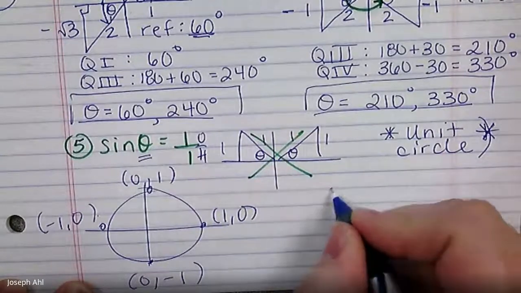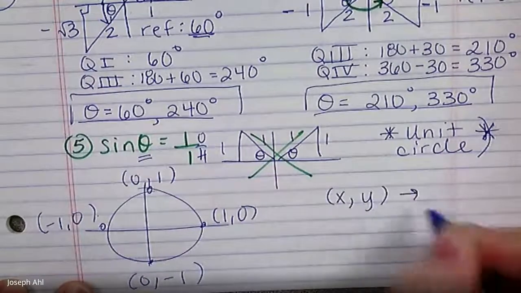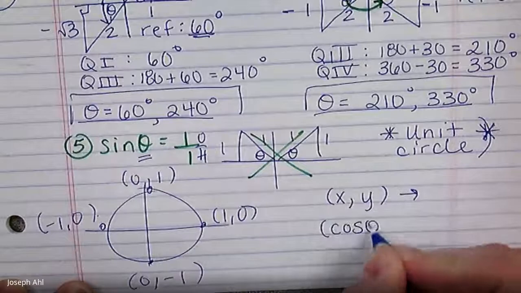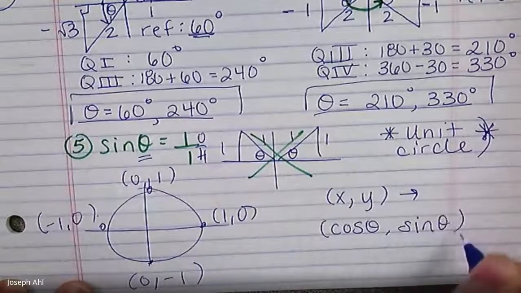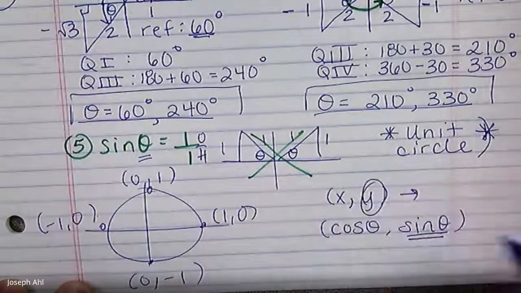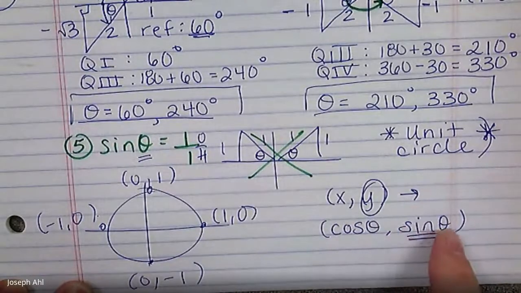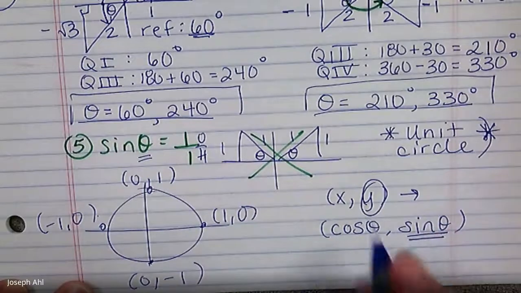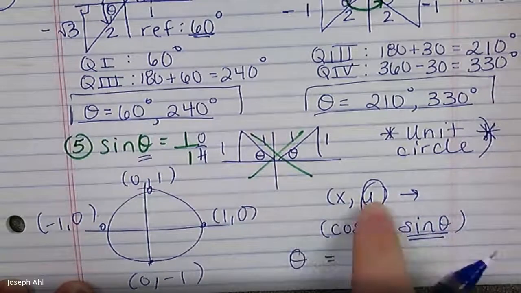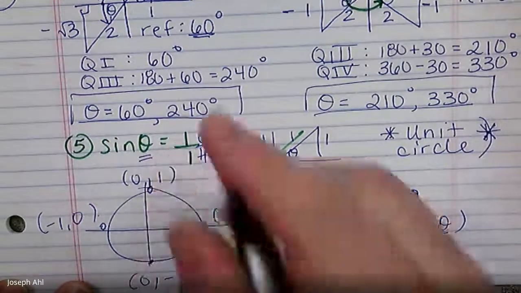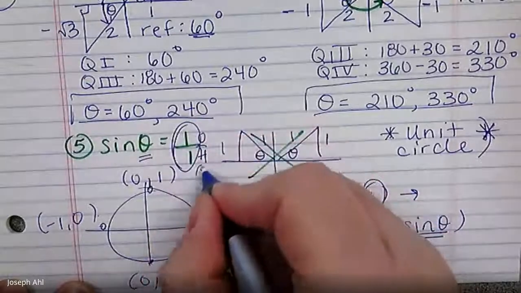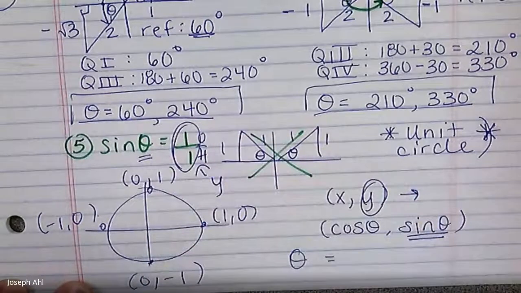And what you have to remember is that on the unit circle, x, y corresponds with cos theta, sine theta. So remember, sine theta goes with a y value. I want to know sine of what angle, the angle theta, is going to give me a y value of 1. So we're looking for when is the y value equal to 1.